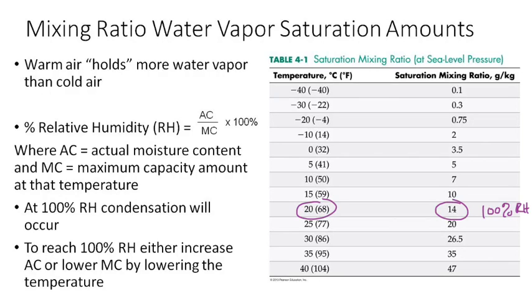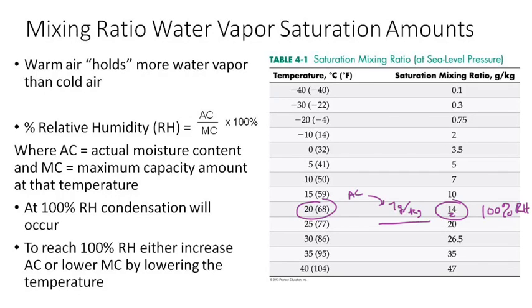And actually, the example I'm coming up with on the next part, we'll talk you through this, but let's just say instead of 14, you only have 7 grams of water vapor per kilogram of air. That's what you actually have.